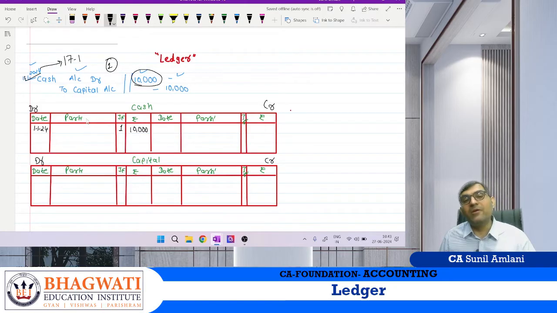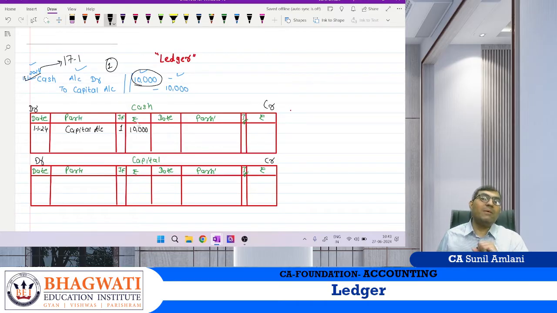Here in particular column, always remember, when we are posting in ledger, something we have to write in the particular column. In the particular column, we record the reference of the other account which is debited or credited. Now here in this entry, in cash account, which other account is credited? Capital. So I write capital.